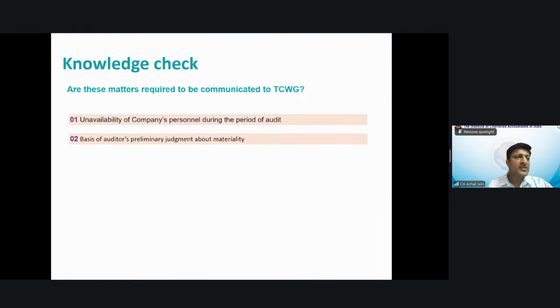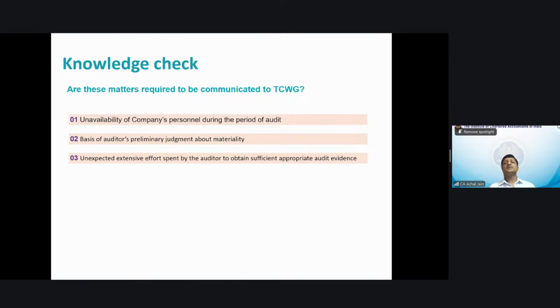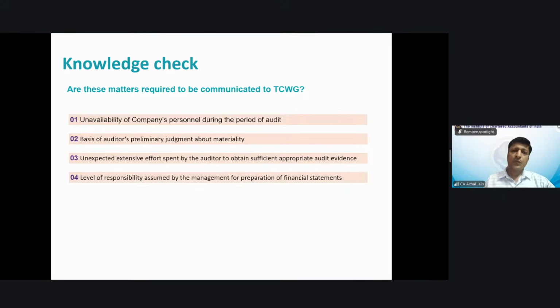That's the aspect the auditor will consider. Unexpected extensive effort spent by the auditor to obtain audit evidence. Let's suppose there are some challenges in getting the data and the information, which is very commonly seen across the audits.